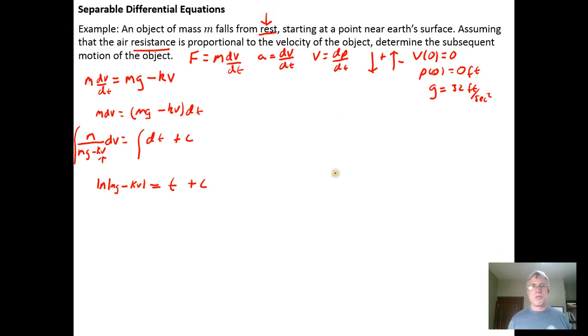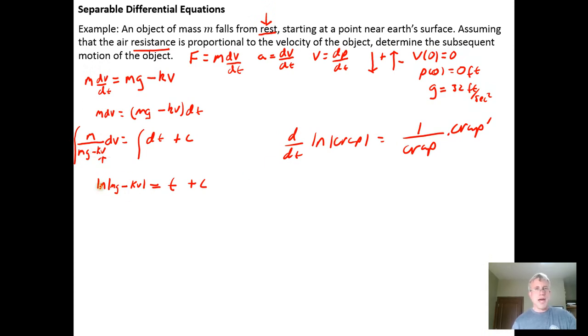And what we want to remember is that when we take the derivative of the natural log of crap, we get 1 over the crap times crap prime, or the derivative of the crap. So if I take the derivative of the natural log function here on the left, I need to get m over mg minus kv back.